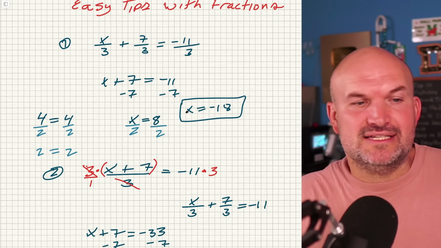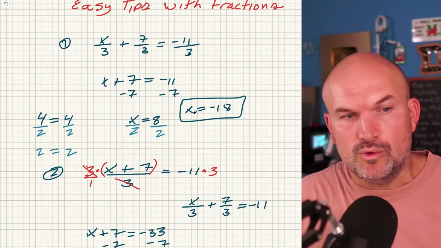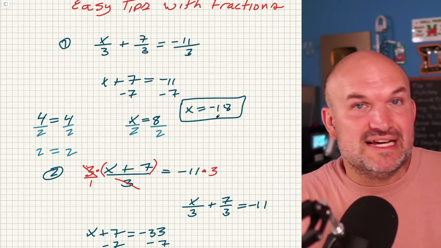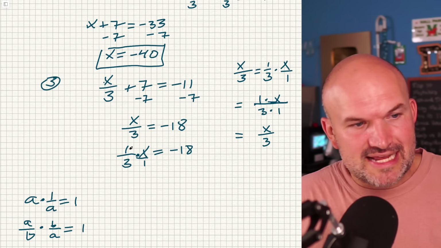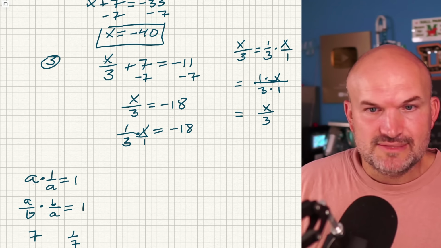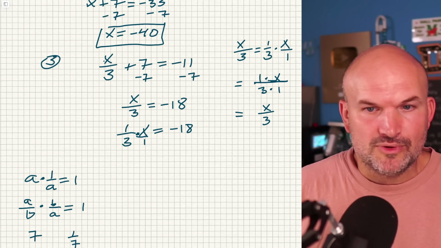And what I mean by the x is isolated is it has a 1 as its coefficient, right? And that 1 as its coefficient, we don't even write it in there because 1 times x is still x. So in this example, if I have a 1/3 times x is equal to negative 18, I want to multiply this by the reciprocal. Now, what is the reciprocal of 1/3?